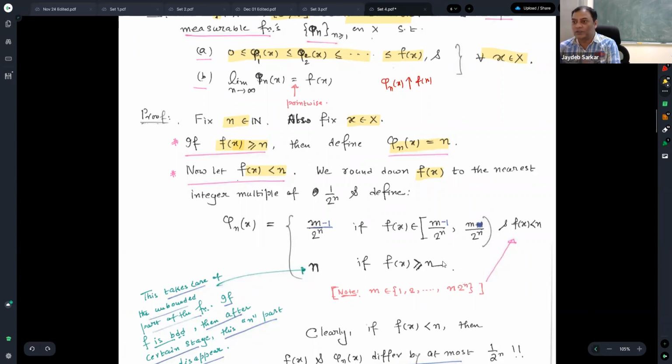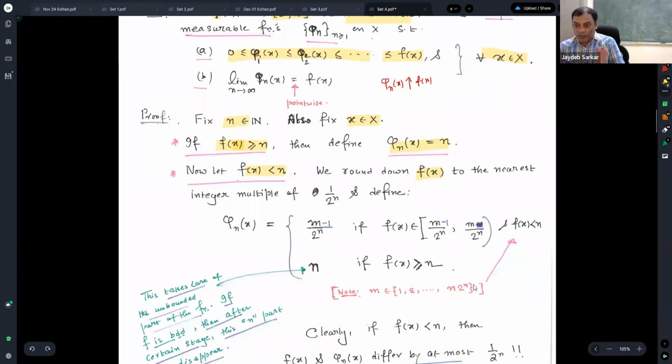You divide this interval into smaller subintervals of the form (m minus 1) over 2^n to m over 2^n, and you allow m to range from 1 up to n times 2^n.